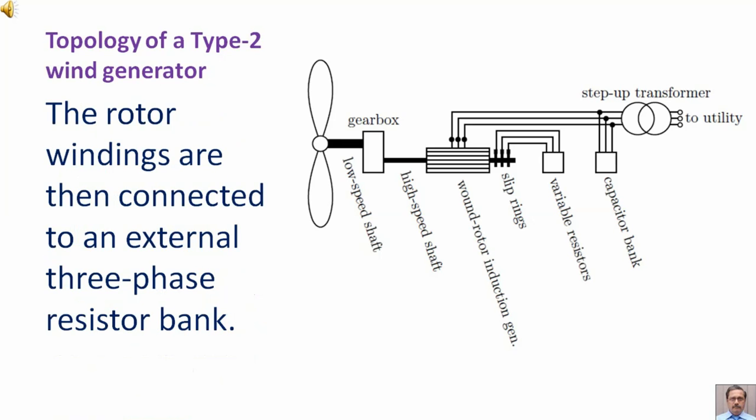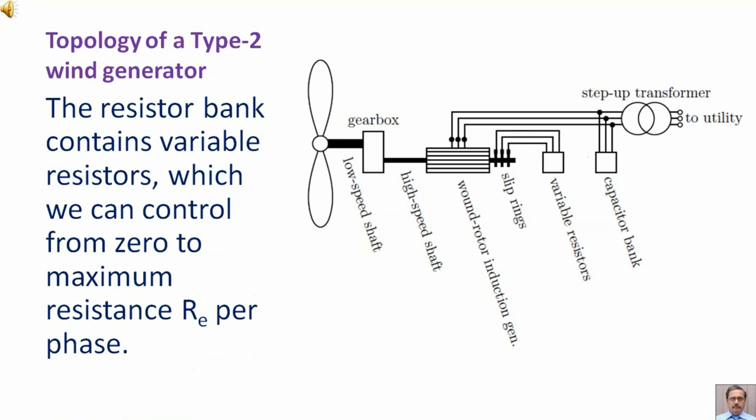The rotor windings are then connected to an external three-phase resistor bank. The resistor bank contains variable resistors which we can control from 0 to maximum resistance R_E per phase.